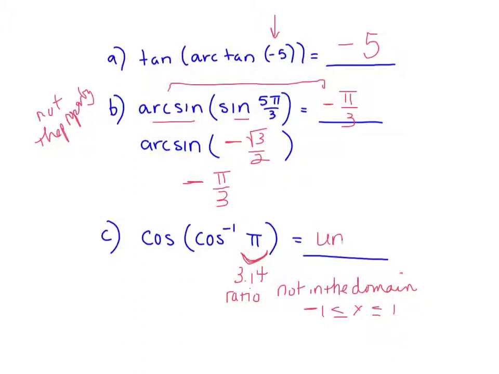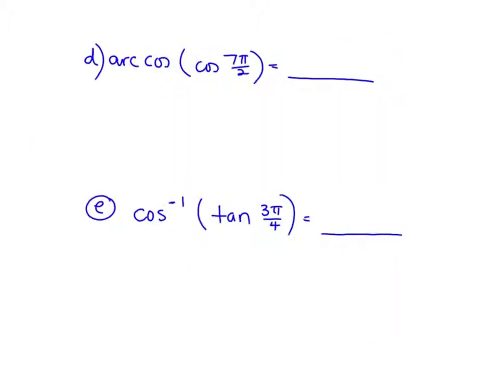So this is undefined. It can't exist because this number is too big. So the answer is not pi, it's actually undefined because this is too big. They didn't realize or remember that this is a ratio, not an angle.